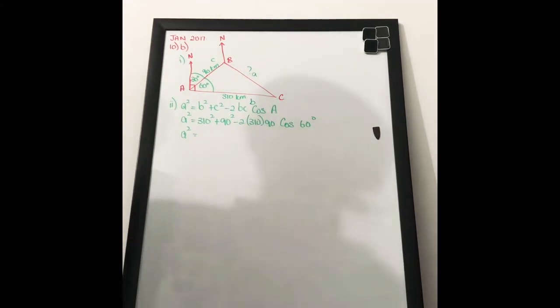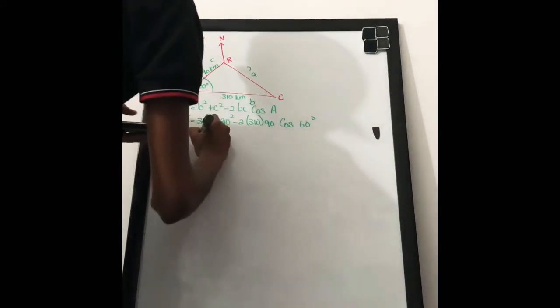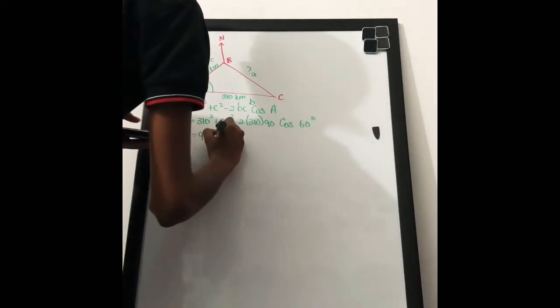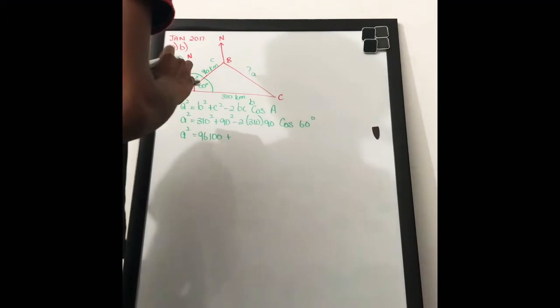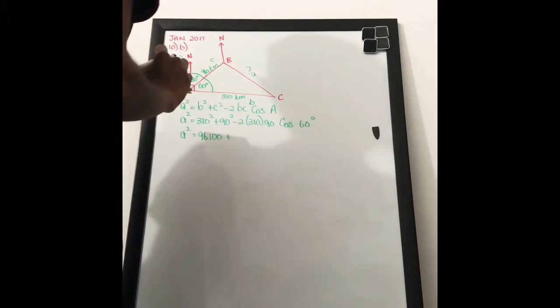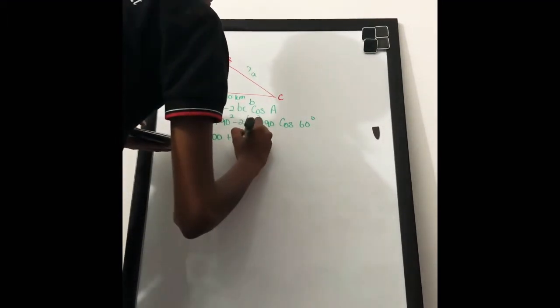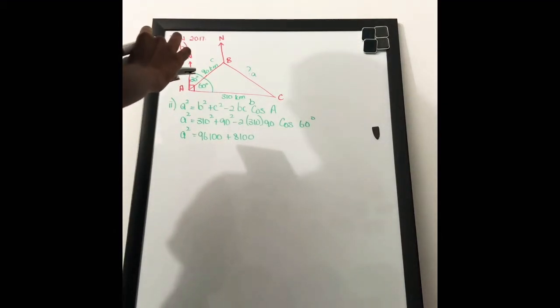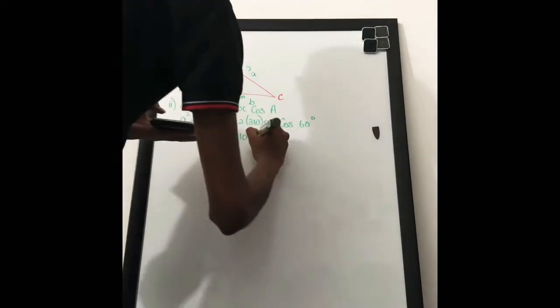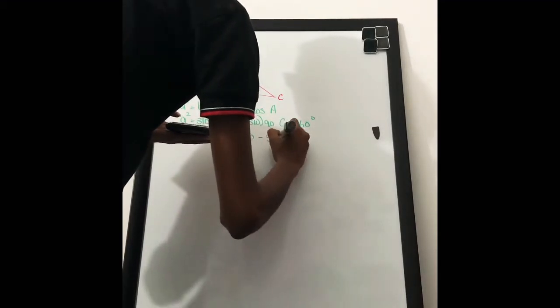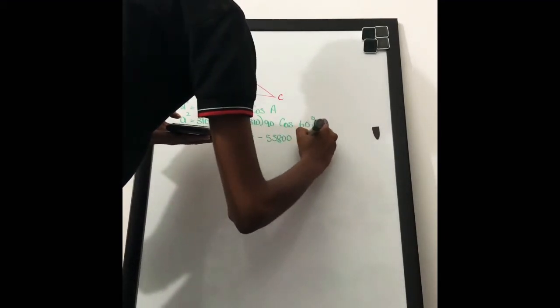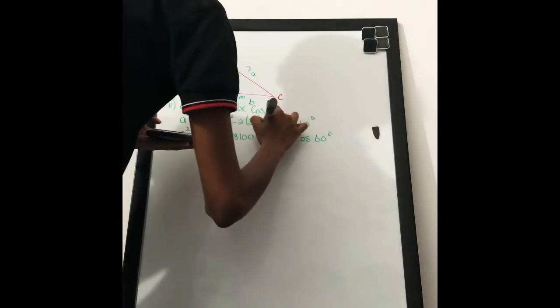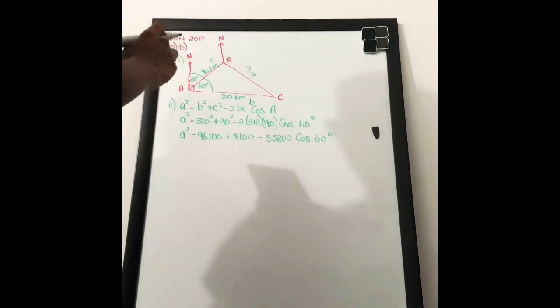310 squared would give us 96,100 plus 90 squared would give us 8,100. 2 times 310 times 90 is 55,800 cos 60. This in brackets, right? It multiplies.